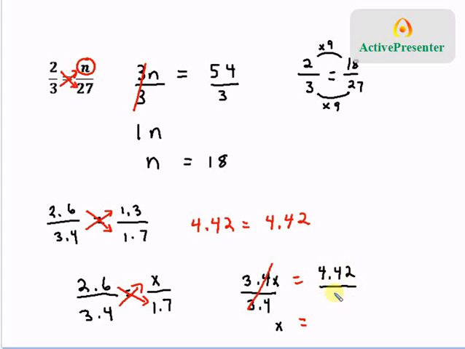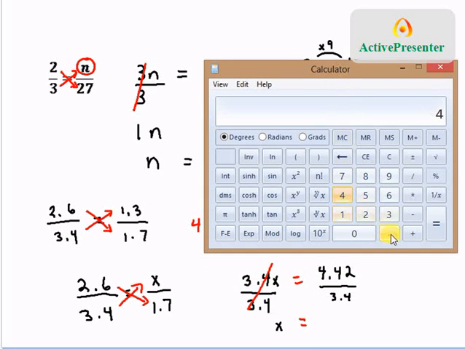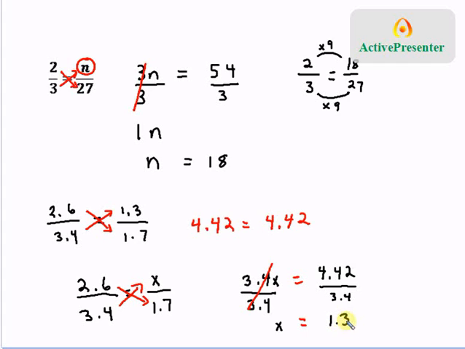4.42, also divided by 3.4, because whatever we do to the left side, we also have to do to the right side. Pulling up our calculator again, 4.42 divided by 3.4 is equal to 1.3.